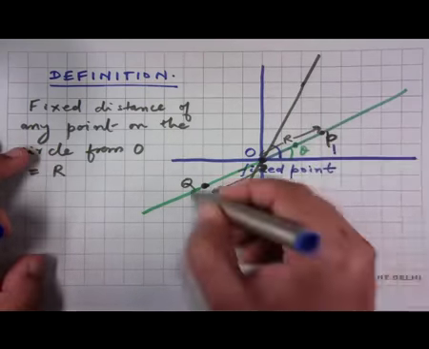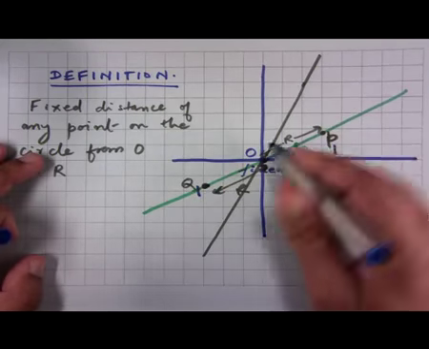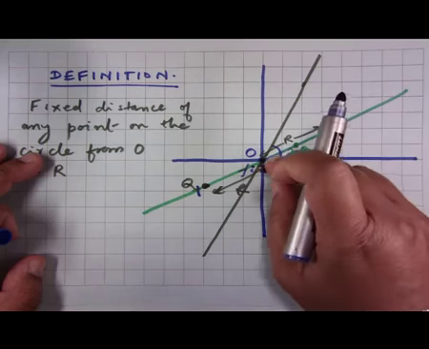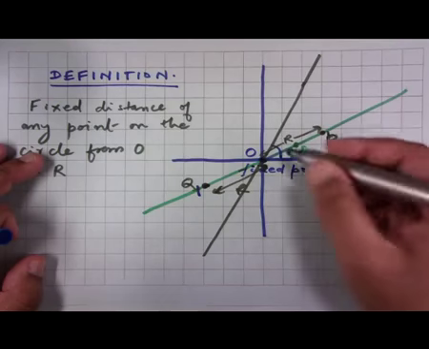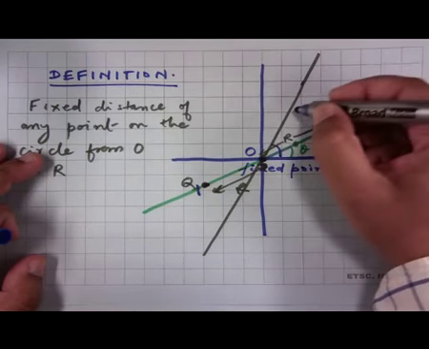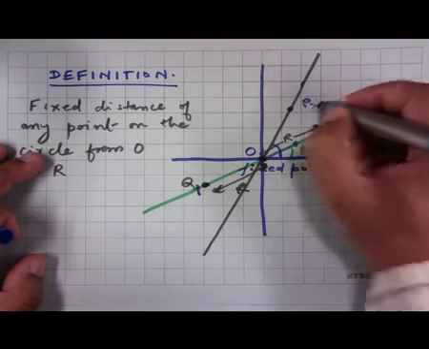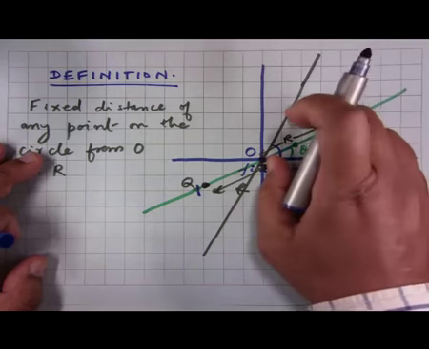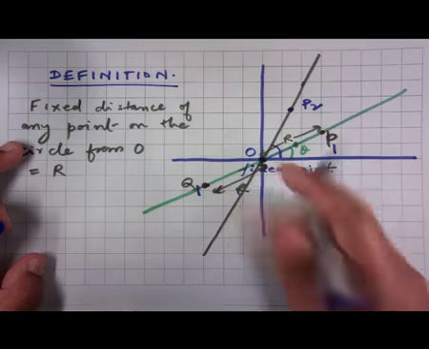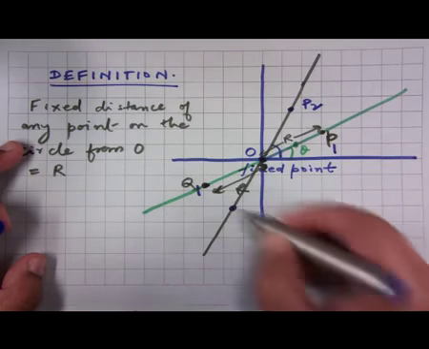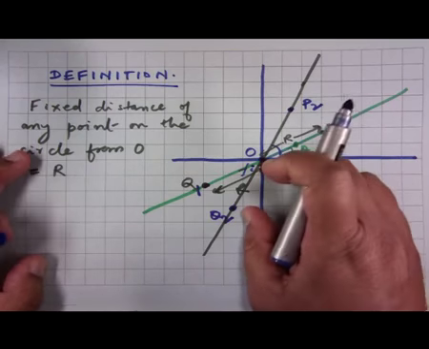I will call these P1 and Q1 for the first line, and then starting from O, if I go in this direction on the second line, there will exist some point, let us say P2, such that OP2 is equal to r, and similarly on this side we will get a point Q2 such that OQ2 is also r.